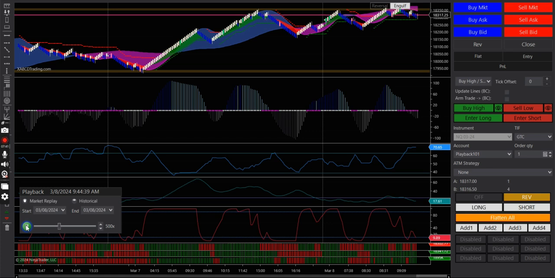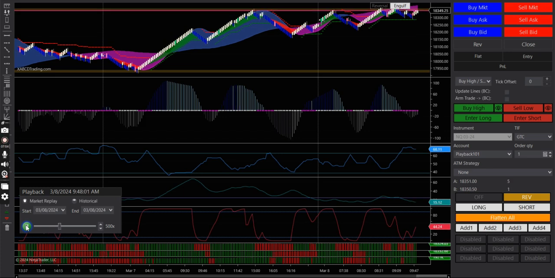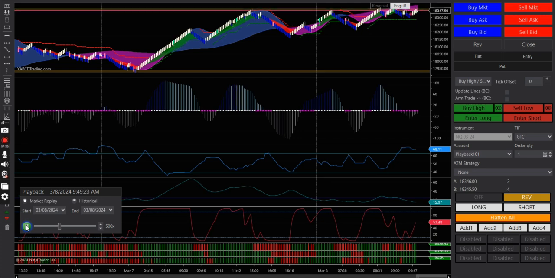Right now it's 9:45 a.m. And it looks to me it's respecting that resistance level of the prior day high. So the market's a bit choppy.